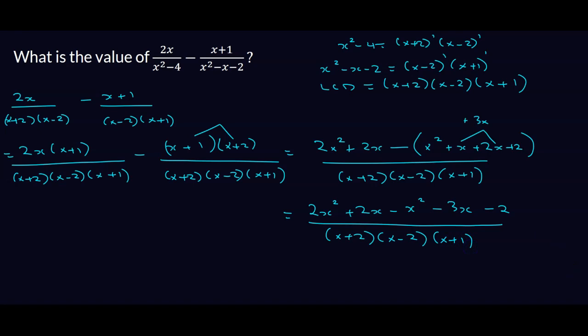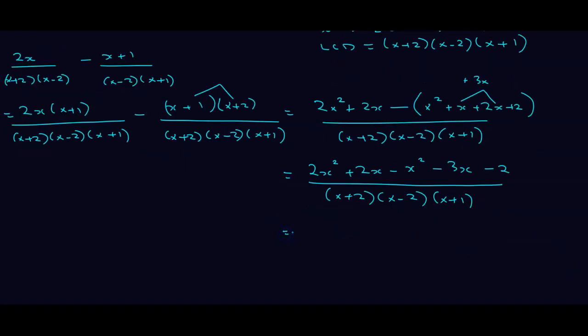So we'll keep simplifying. This gives us 2x squared minus x squared, which is x squared, and then 2x minus 3x, which is minus x, and then minus 2. This is over x plus 2, x minus 2, and then x plus 1.